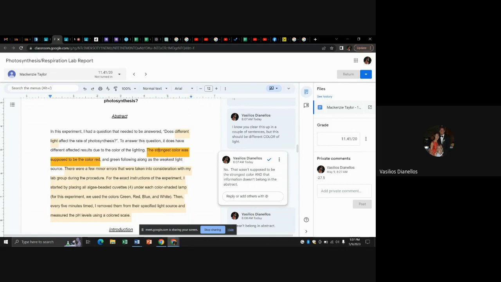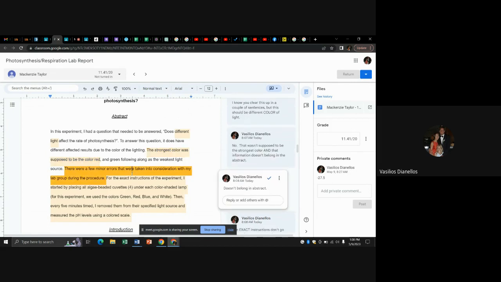And also, that's just also not a correct statement. What we do know from lecture is that the strongest color, depending on how you look at it, should be either white because it's all the colors, or it's blue because it's higher energy. But anyway, does that make sense? The biggest issue there, and you only lost 1 point for it, is that you included that in the abstract where it doesn't necessarily belong. Make sense? Yeah, I see the mistake.